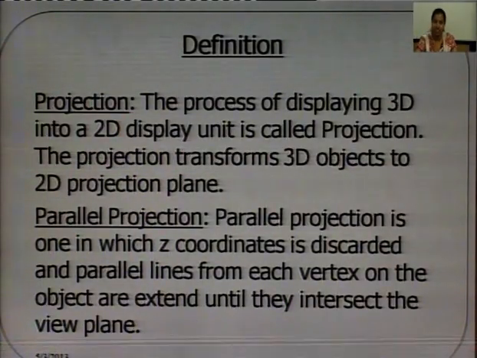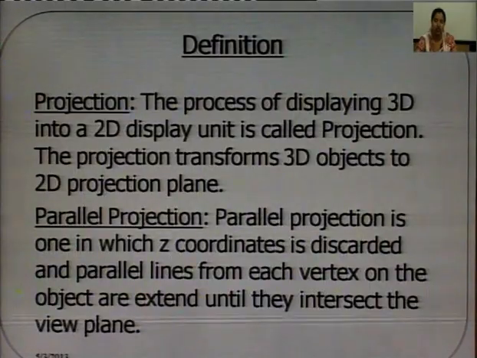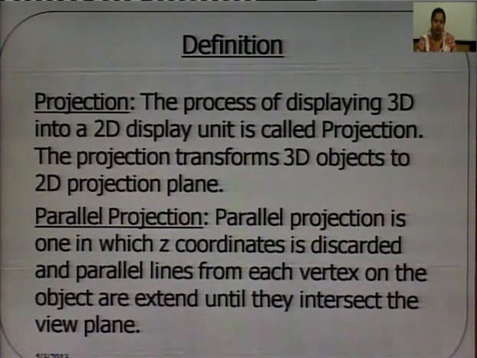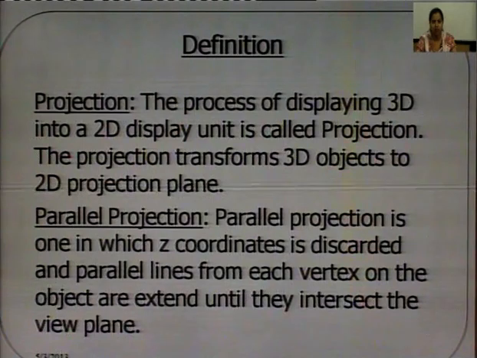They do not intersect at any point, that is why we call it parallel projection.